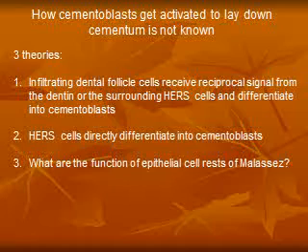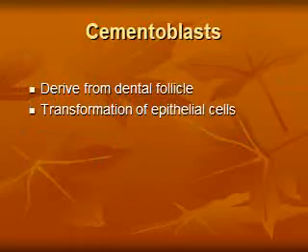There are three theories, just for your information. Infiltrating dental follicle cells receive reciprocal signals from the dentin or the surrounding Hertwig's epithelial root sheath cells and differentiate into cementoblasts. Or the Hertwig's epithelial cells directly differentiate into cementoblasts. And the third theory: what is the function of the epithelial cell rests of Malassez, which are the Hertwig's epithelial root sheath remnants left in the periodontal ligament? So how is the cementoblast activated? Through these three theories.